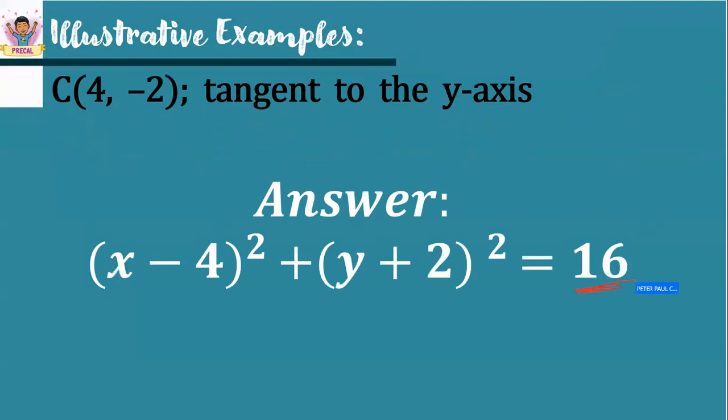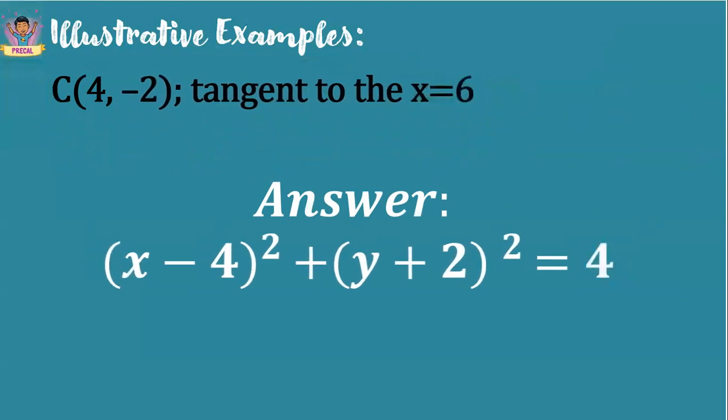Okay, let's move now to the next problem. The center is at 4, negative 2, tangent to the line x equal to 6. So obviously, we need to graph again. 1, 2, 3, 4, then negative 2 here. So this is your center.